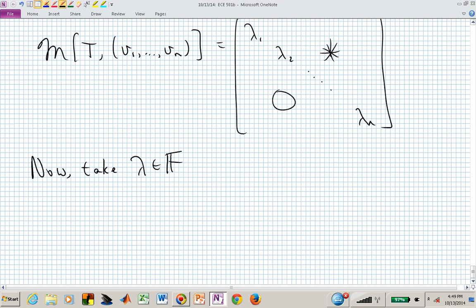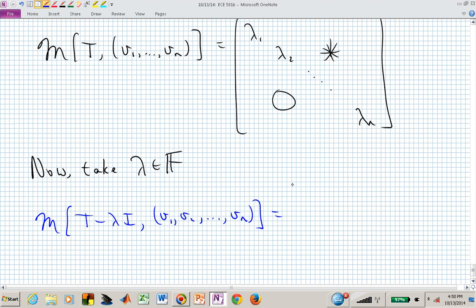Let's now look at the matrix representation of T minus lambda I under the same basis. And hopefully it's clear that that's now just going to subtract lambda from each of the diagonal entries and do nothing to the other parts of that matrix representation, because lambda is scaling the identity matrix.